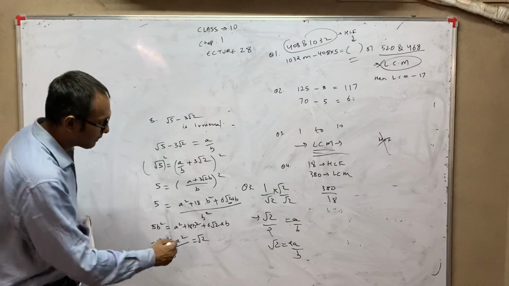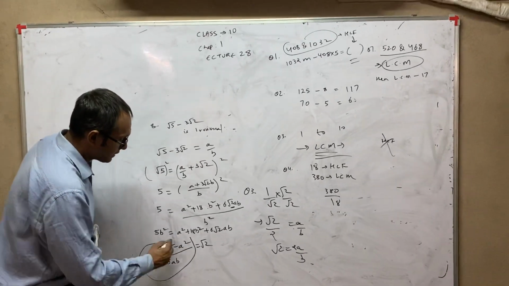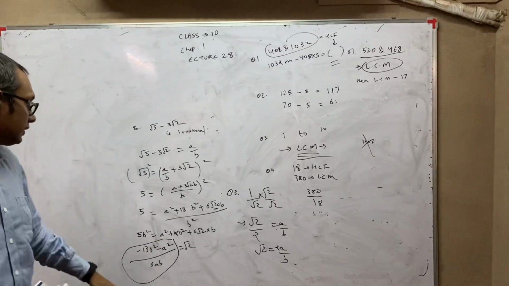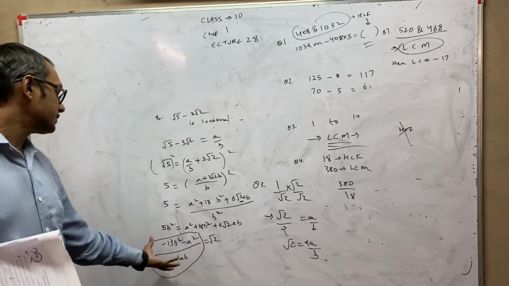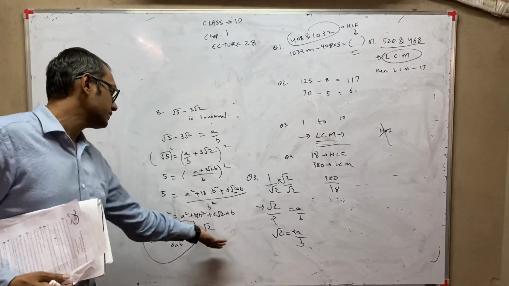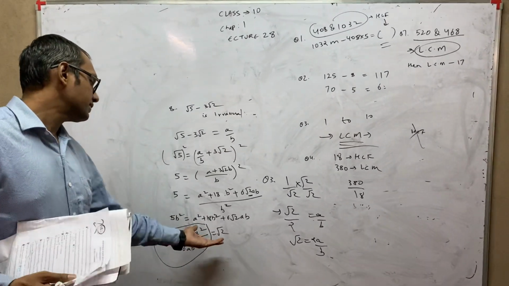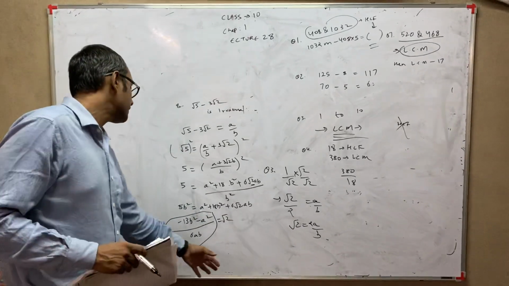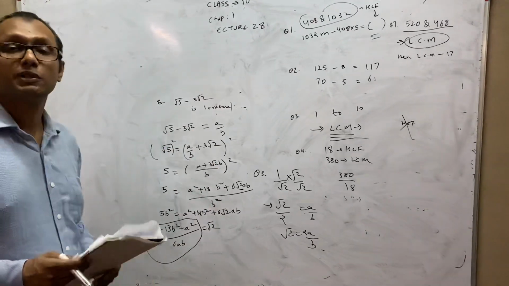Now the same argument you will write. Since a and b are integers, this is a rational term, that means root 2 is rational. But this contradicts the fact that root 2 is irrational, and again the same argument.